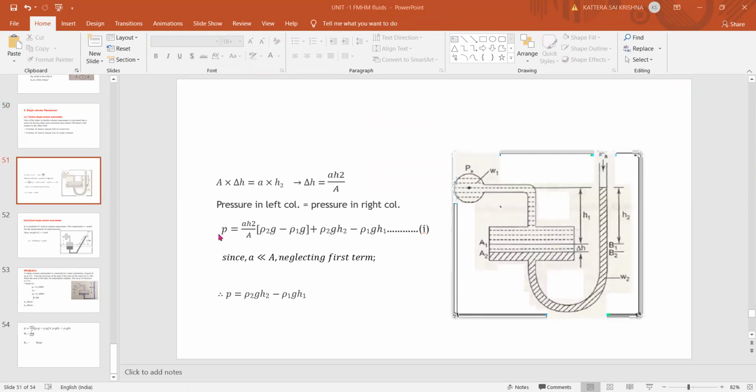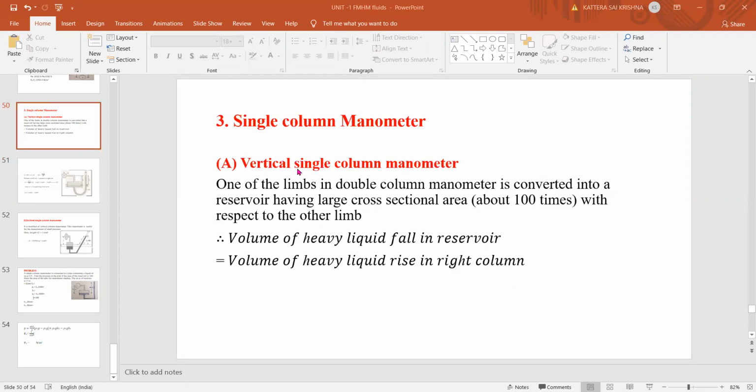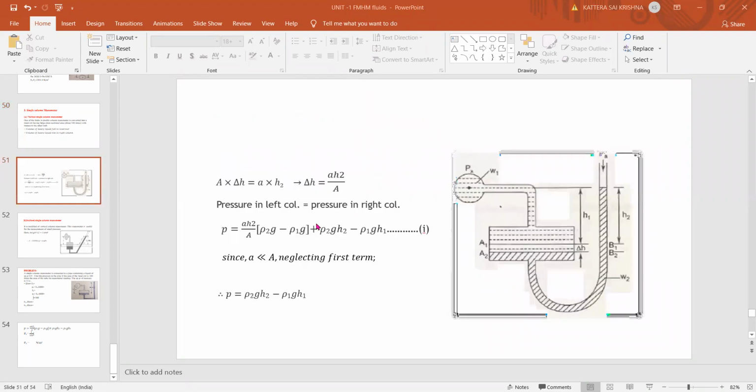At least write these formulas. Okay. Write this for the vertical single column manometer. In that you write down this formula: P equals A H2 by capital A into rho 2 G minus rho 1 G, plus rho 2 G H2 minus rho 1 G H1. If the A value is very small and neglected, we can take this as the formula.